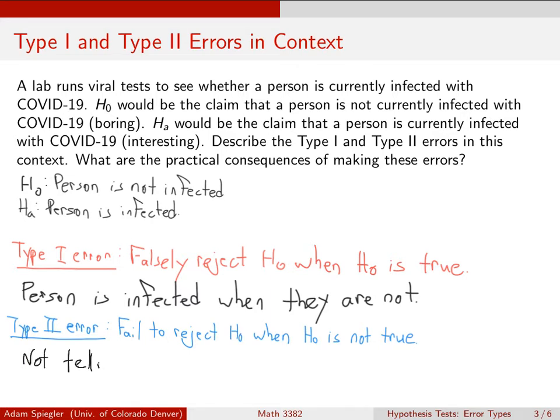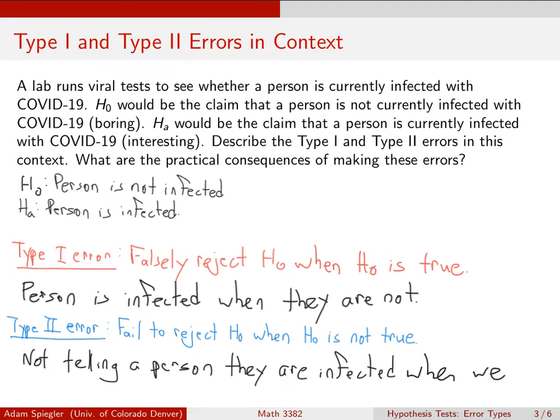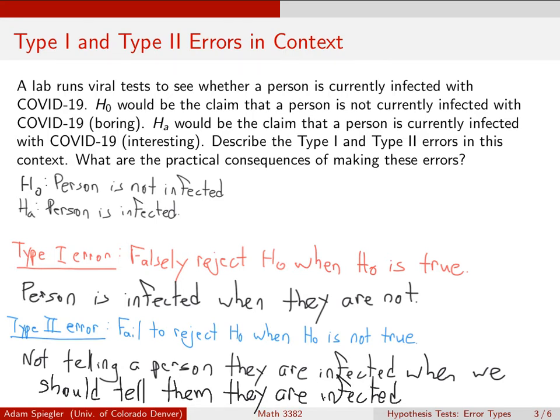So we can maybe summarize this as not telling a person they are infected when they are infected. That's like getting a false negative test result.